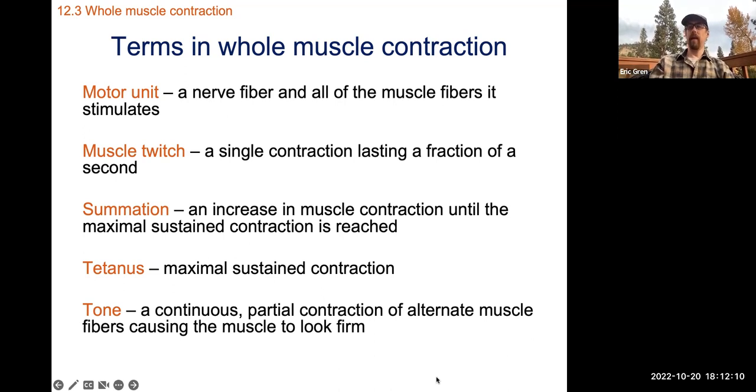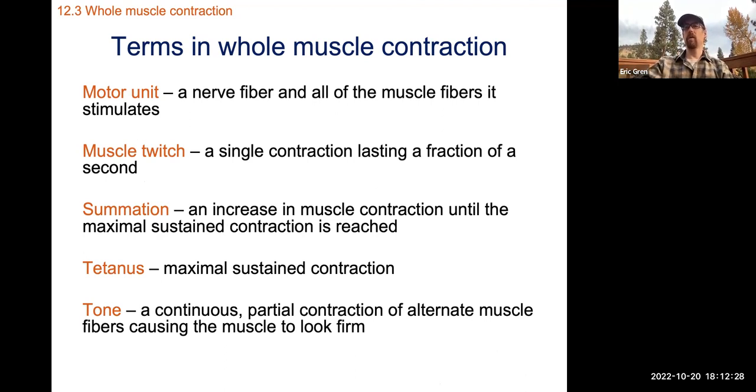If you have a nerve impulse reach an axon terminal, release acetylcholine, and trigger contraction of a cell, we call that a muscle twitch. One single contraction. It's very brief, okay?